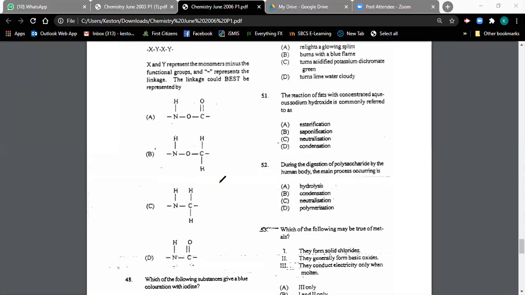We have acid hydrolysis and alkaline. Hydrolysis is where you break up. Because remember when you're digesting the polysaccharide, you're trying to get back to the monomer unit. Yeah? So that's hydrolysis taking place there.